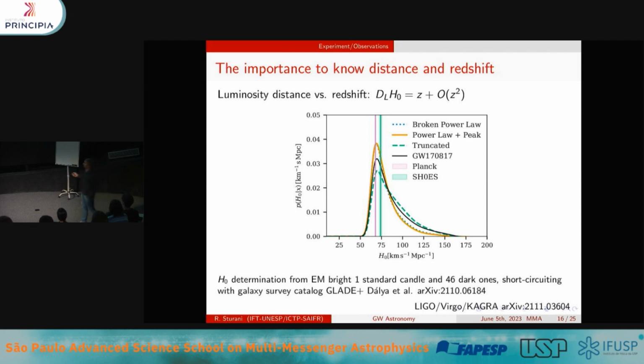Or it might simply be that the CMB comes from physics at z of order 10 to the 3, the supernovae come from physics at z less than 1, and the black curve is the determination of the Hubble constant from the only one gravitational wave event that had an electromagnetic counterpart, only one, the binary neutron star in August 17.